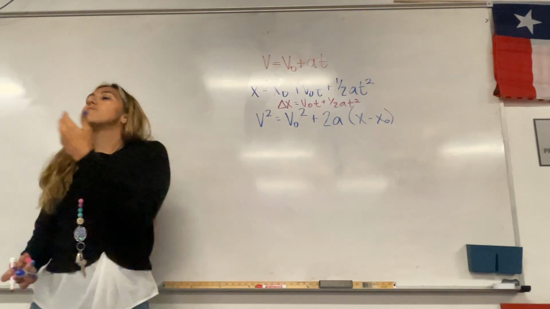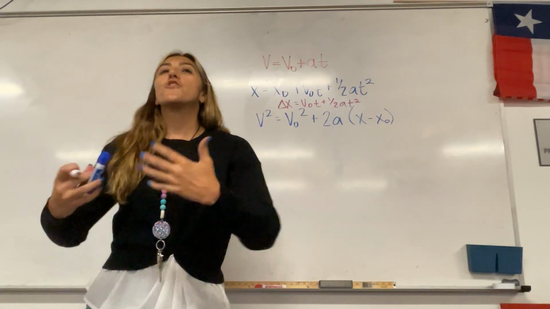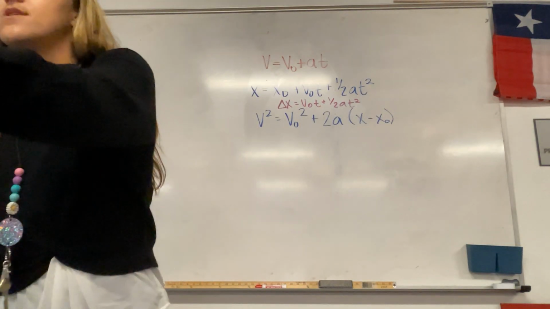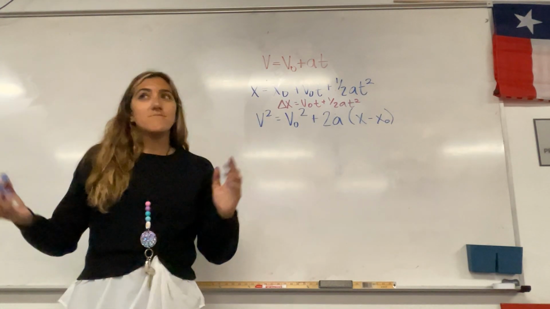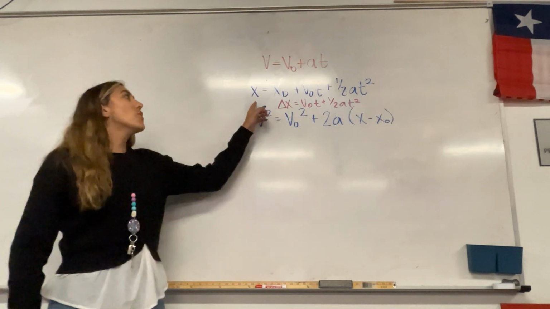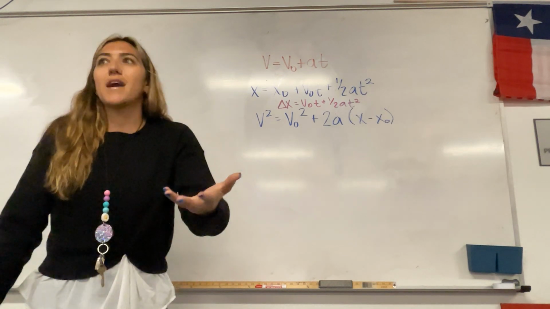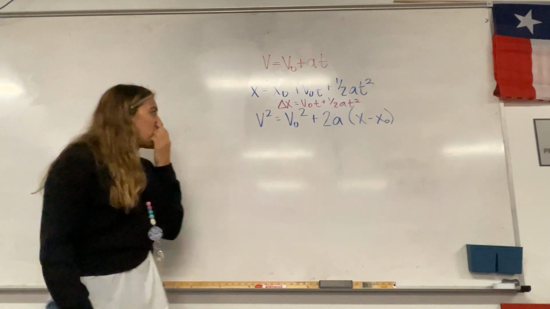So a question might give me displacement instead of initial and final position. It might say the car drove 200 meters. I don't know where it started. I don't know where it ended. So you might think to yourself, I don't know final or initial position. But you do know displacement, right? I can always get that.